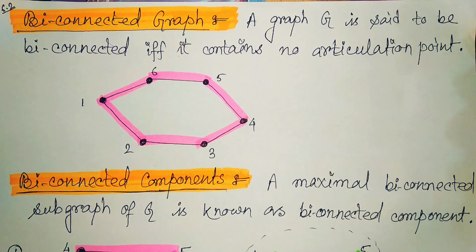If between any two vertices there exists one and only one path, then definitely we will find an articulation point, because by removal of a particular vertex we can separate these two areas. But if the graph is bi-connected, there are definitely two individual paths between any two vertices.